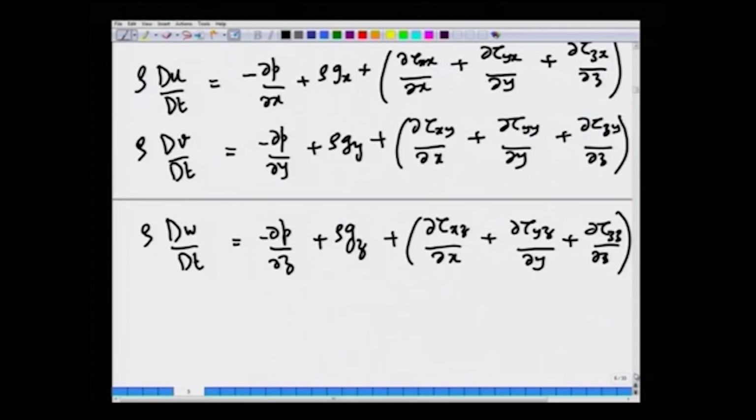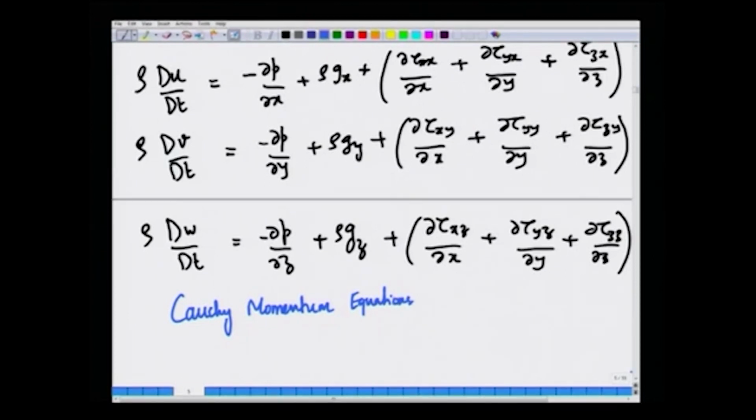Okay. So, these are the three momentum equations, the differential form of the momentum balance. These are also sometimes referred to as the Cauchy momentum equations.